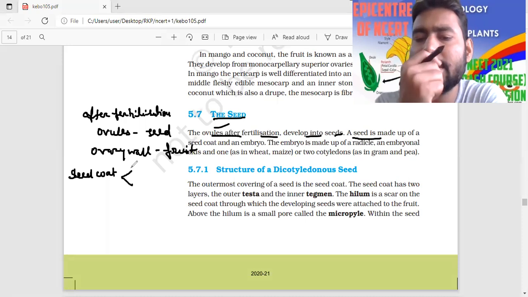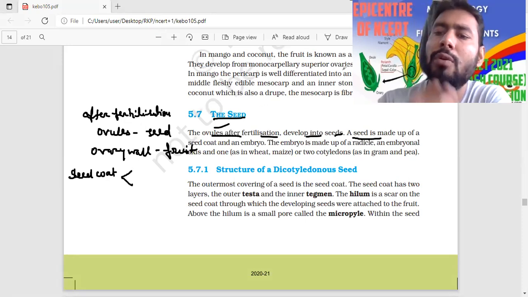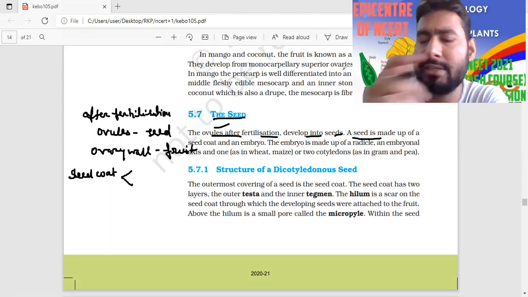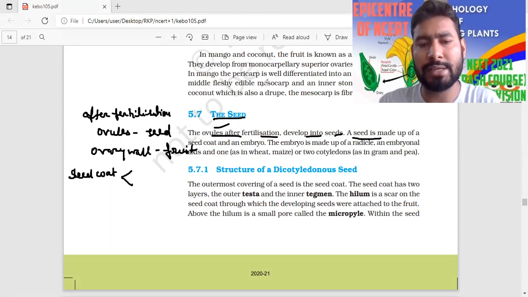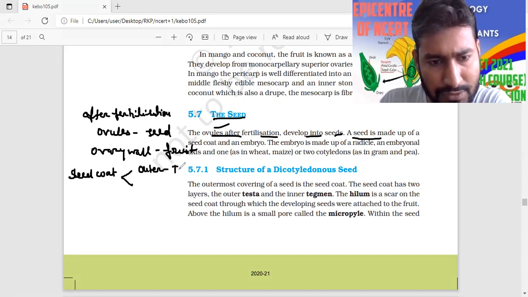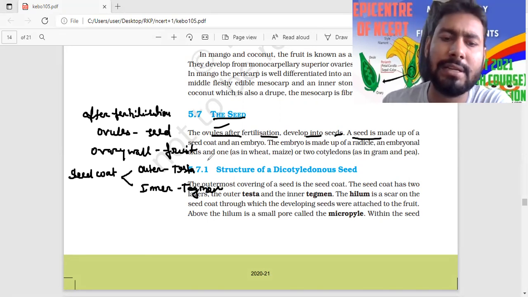If you see the structure of the embryo sac, they have the outer integument and inner integument. So the seed coat outer is known as the testa, and inner is the tegmen. Outer testa and inner tegmen.